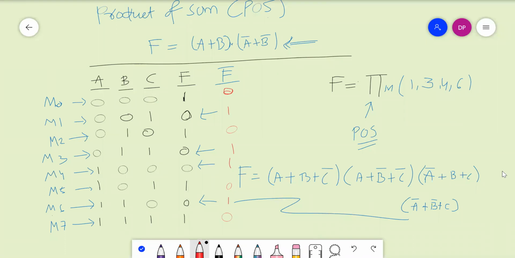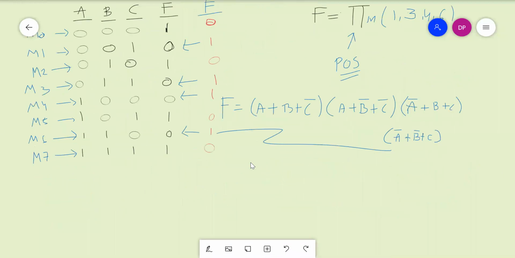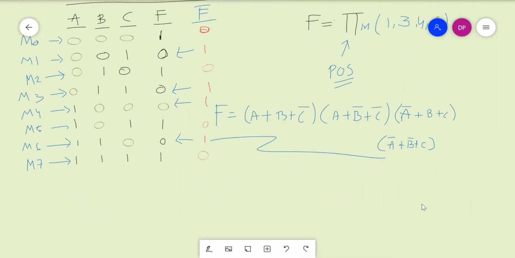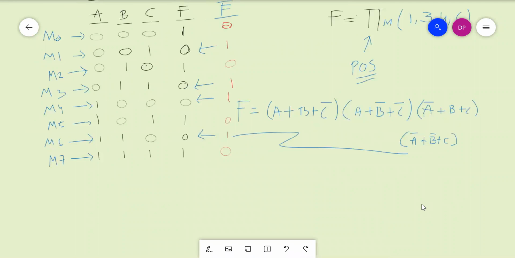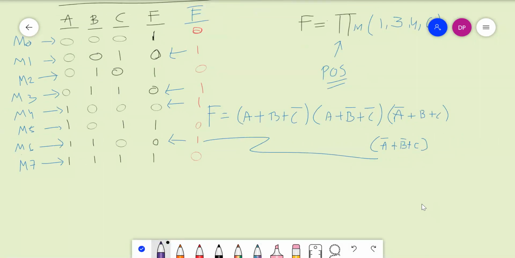Now what I will do, here we can take the cells where output is 1. If we are considering where output is 1, then we can write it in the form of product of sum or sum of product.